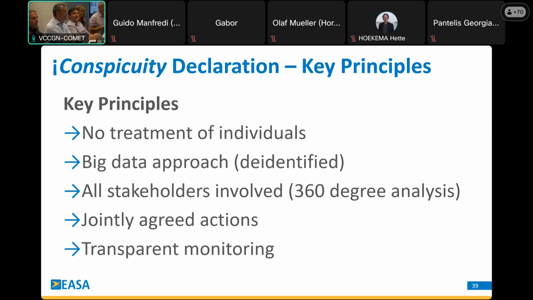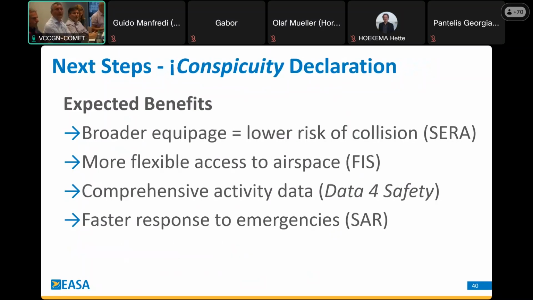So not only the NAAs in isolation, potentially ANSPs in isolation, and airspace users in isolation, but all people together, speaking frankly about the data set and how things could be improved for those in the skies or those managing the skies. The actions should be agreed jointly to get buy-in, so to get them implemented, and their monitoring should be transparent to participating parties.